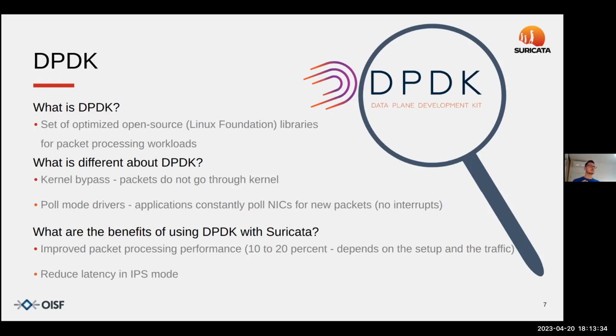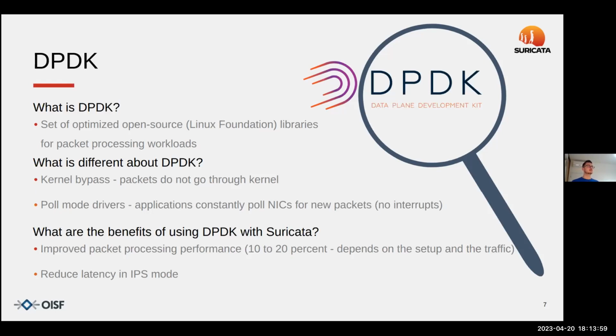Now, if we compare capture modules, AF_PACKET, NetMap, PF_RING, DPDK, why is DPDK different? I think there are two main points. One is kernel bypass. In DPDK, the packet doesn't go through the kernel, as we will see.